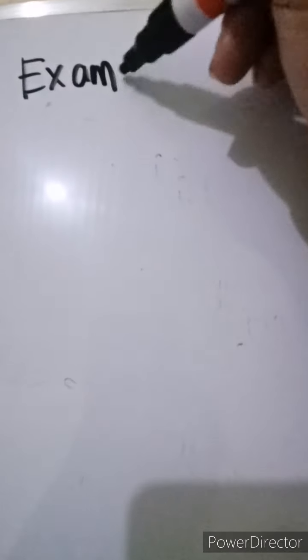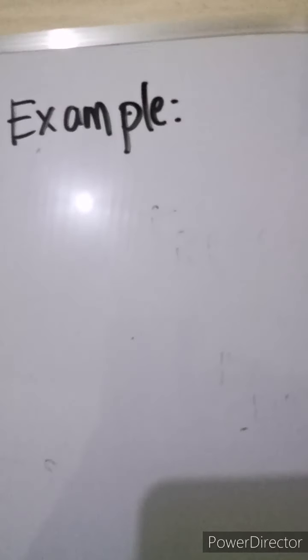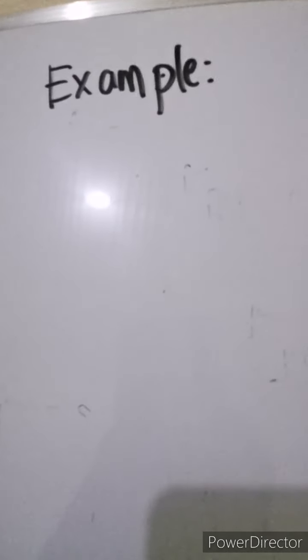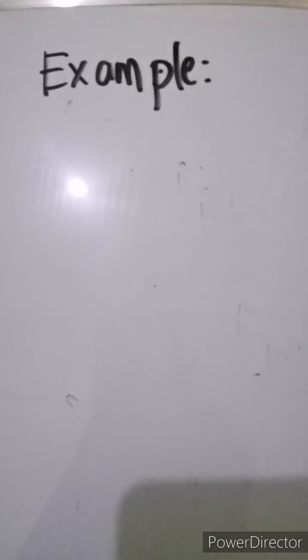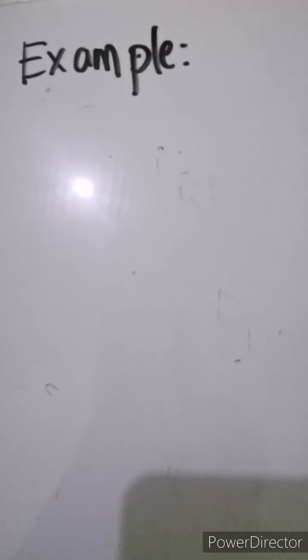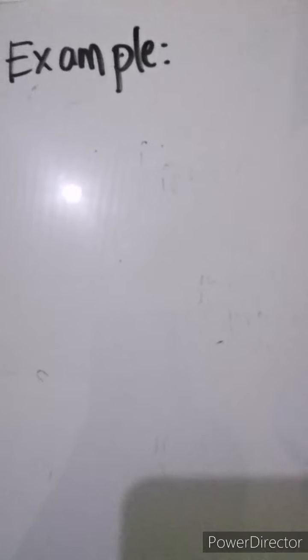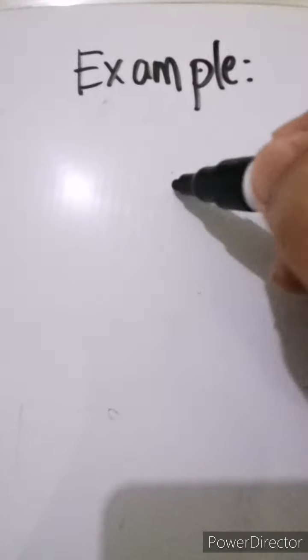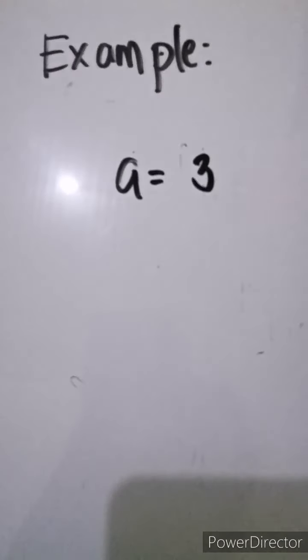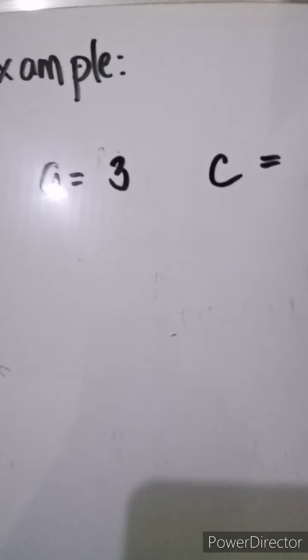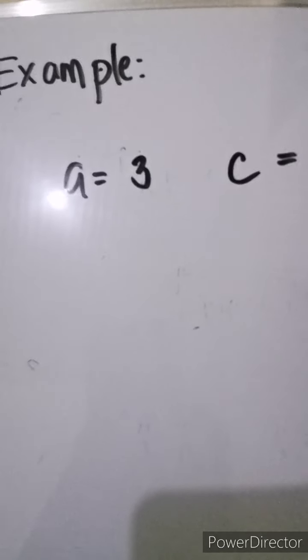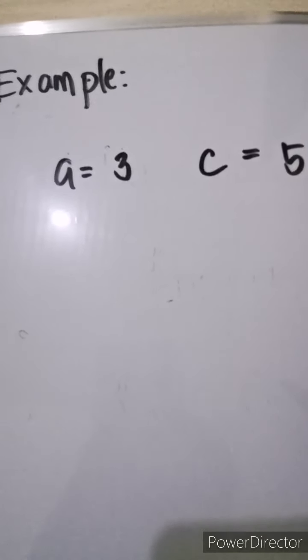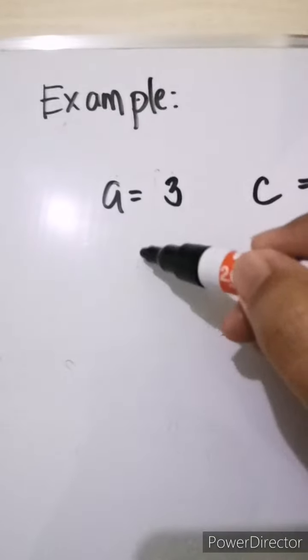Okay, for example, find the 6 trigonometric functions or the cosine, sine, tangent, cotangent, cosecant, and secant in the given example. So for example, A is equal to 3 and C is equal to 5. And the triangle is in the third quadrant.